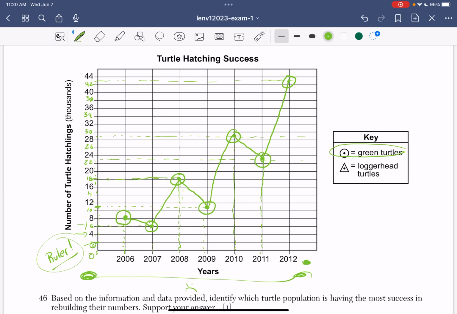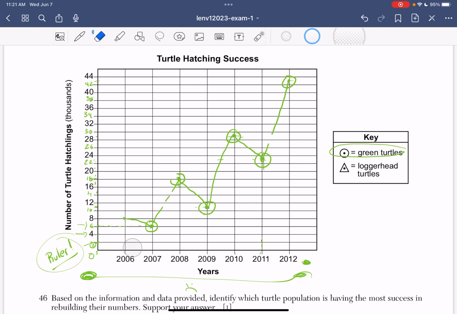And then I'm going to clean up my graph a little. I'm going to clean this up because I want to make sure that it looks good. This is the version of you erasing with your pencil. Now, here's a question that I have for those of you.